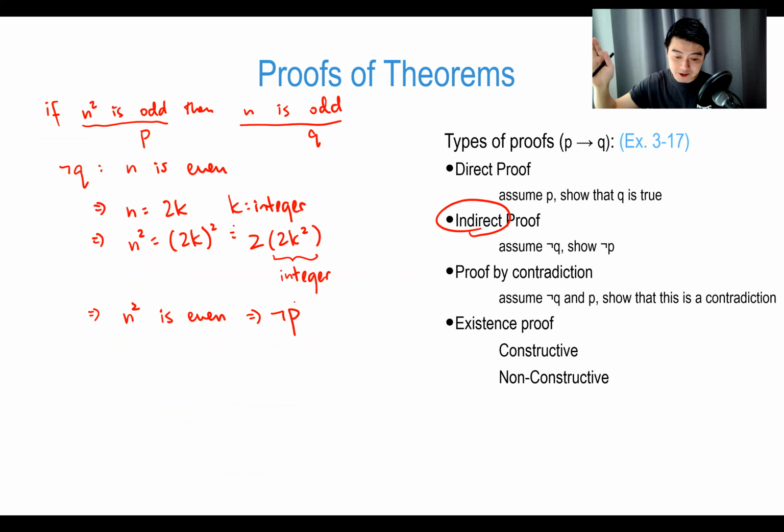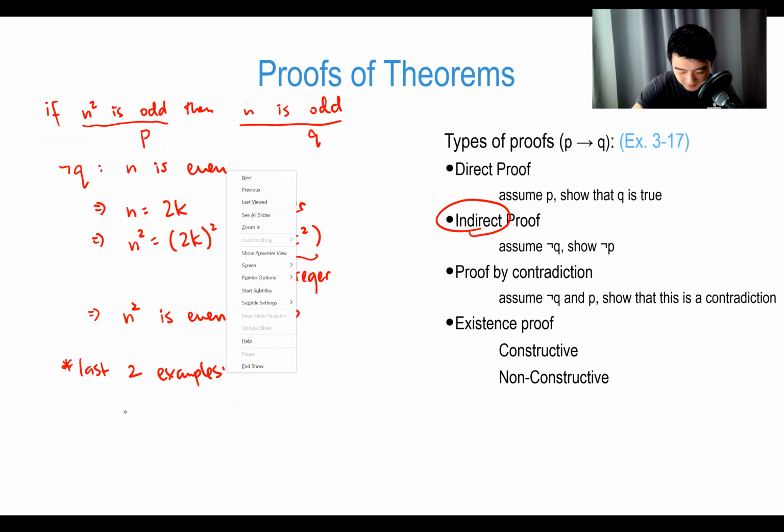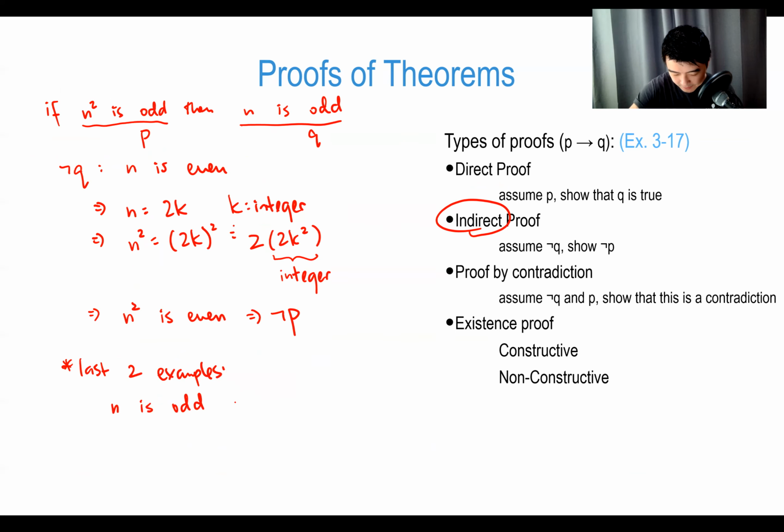We also did the opposite direction: n squared is odd implies n is odd. So through the last two examples, we showed that n is odd if and only if n squared is odd, a biconditional. So this theorem actually went both ways, right?